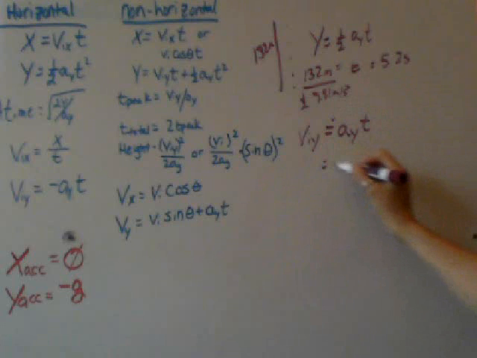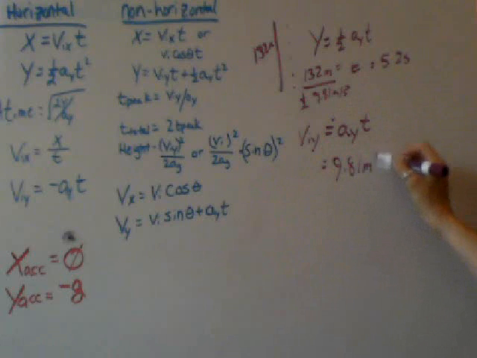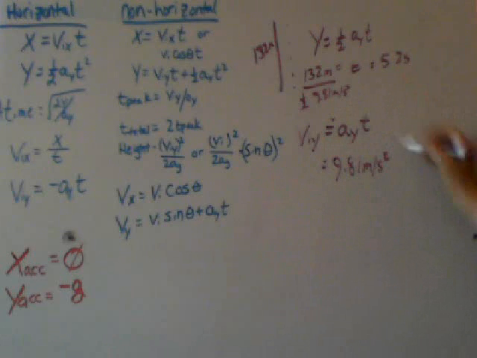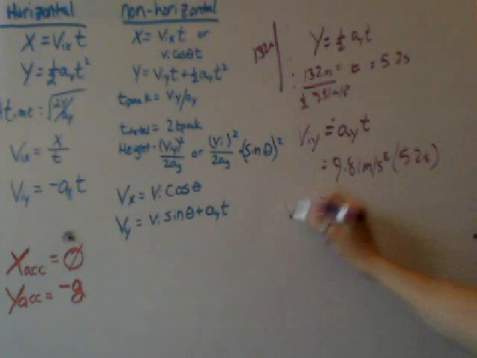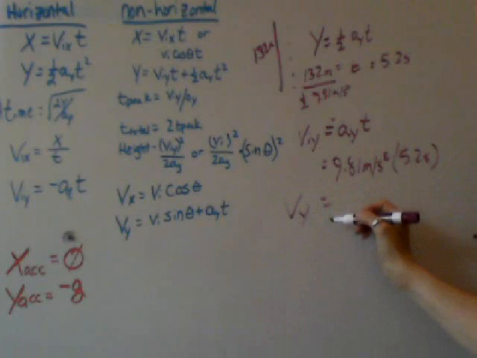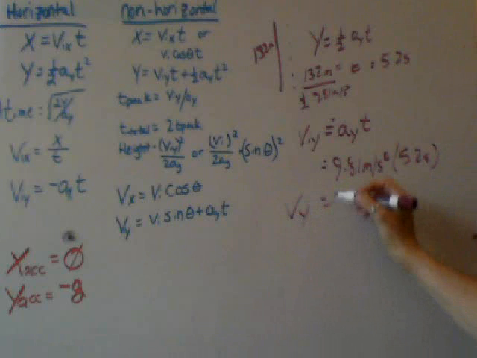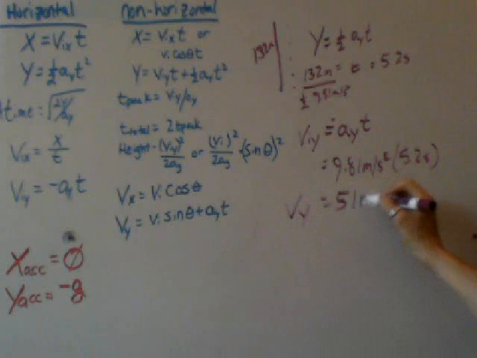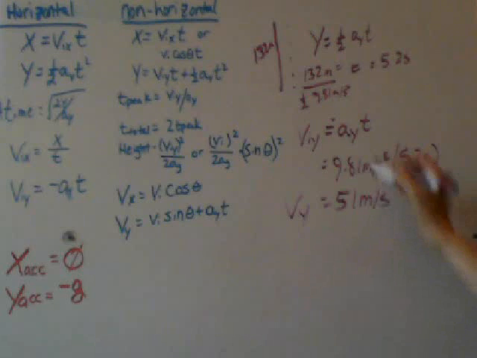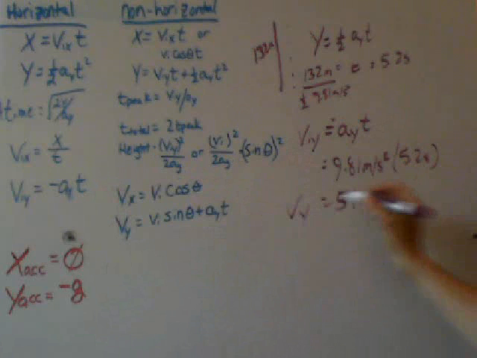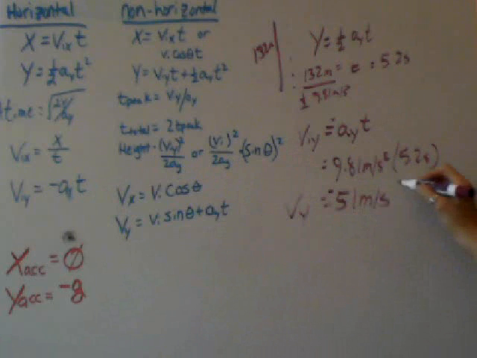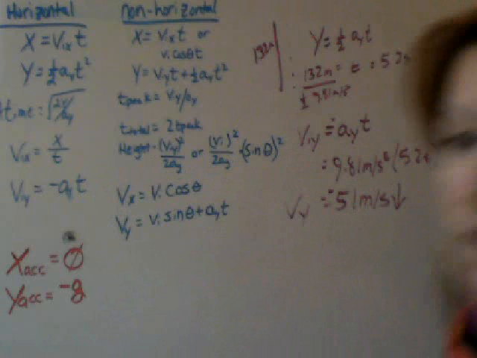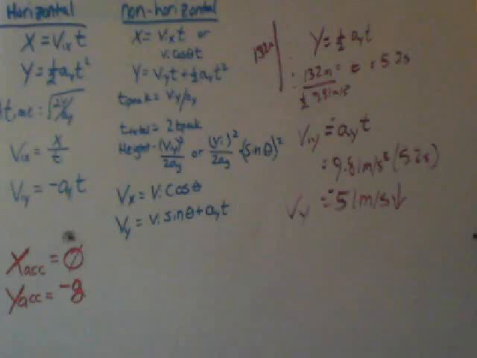We know the acceleration of gravity is 9.8 meters per second squared, and we found the time to be 5.2 seconds. And so we can find the velocity in the y direction will be 51 meters per second. And the equation tells us it's negative. Negative just means, of course, that it's going down. So you can write either negative or the direction that it is accelerating.